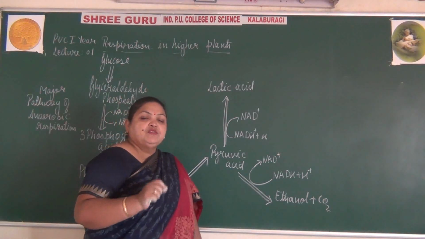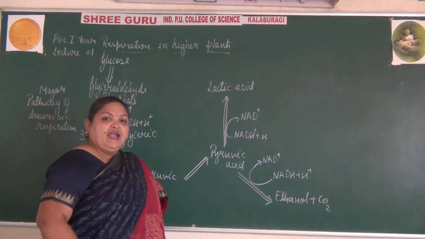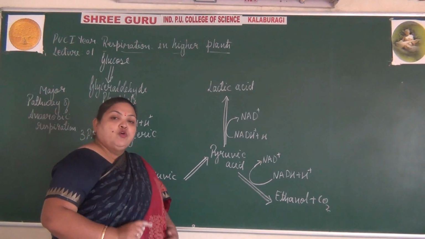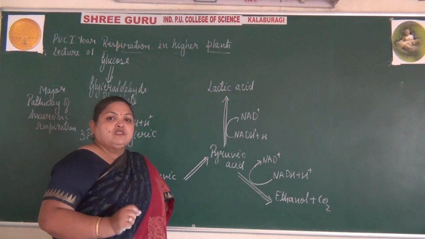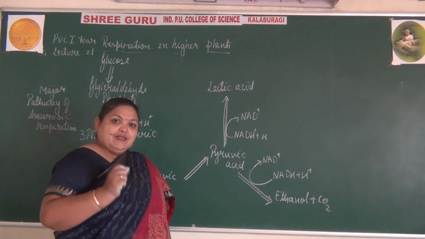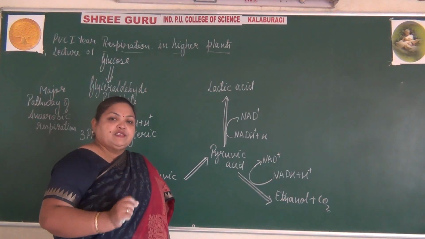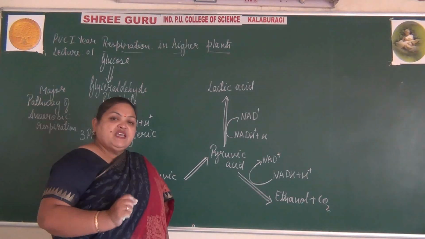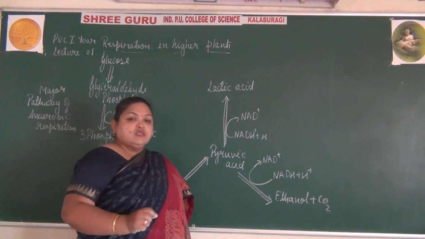So in this video we have seen the definitions of respiration, then the types of respiration: aerobic and anaerobic. In both of these processes, I would like to repeat, the common process is glycolysis. By the end of glycolysis, pyruvic acid is formed, which is a simple molecule compared to glucose.